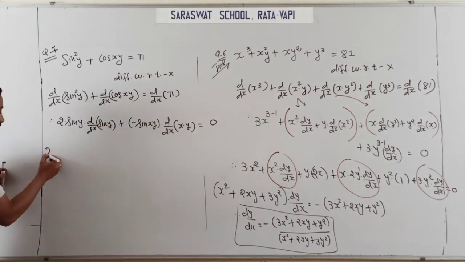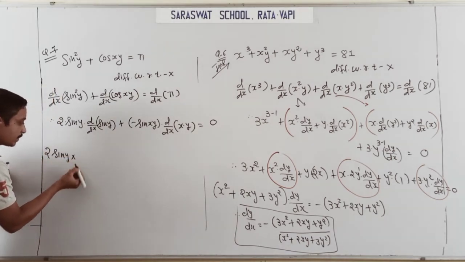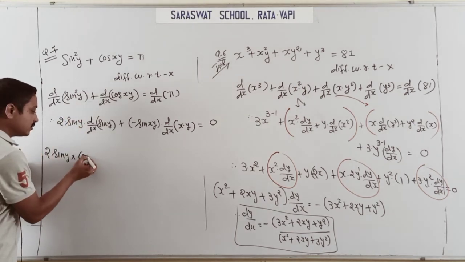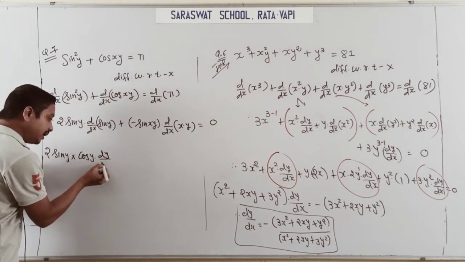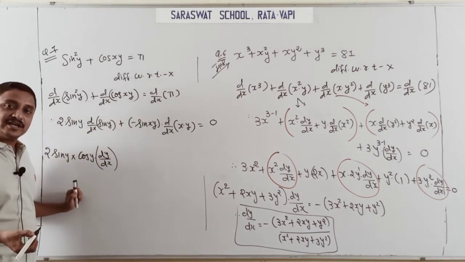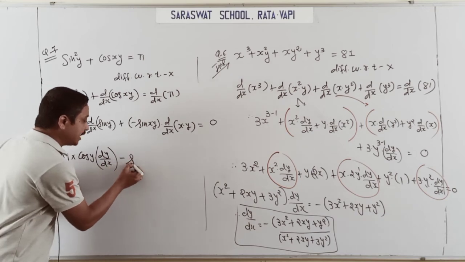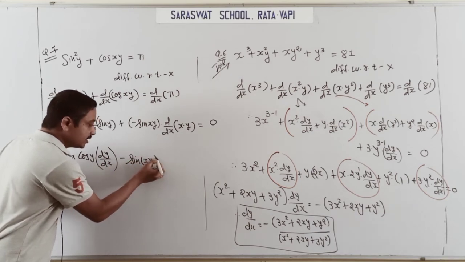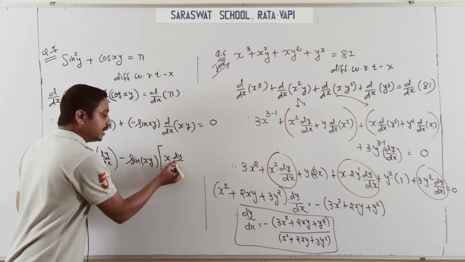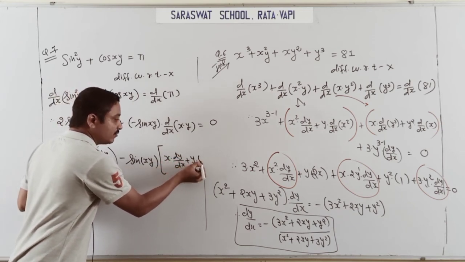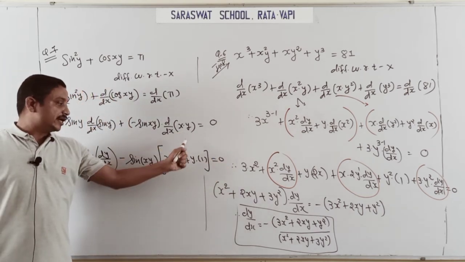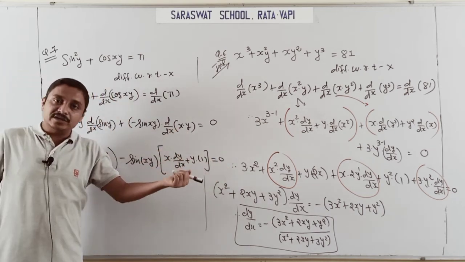So here 2 sin y, the power comes down. Now the sin y derivative is cos y, pending with respect to x, so it is dy by dx. Similarly, minus sin xy, and here the product rule: first, second derivative plus second, first derivative is equal to 0. So x, y derivative by dx, and the y derivative is 1.